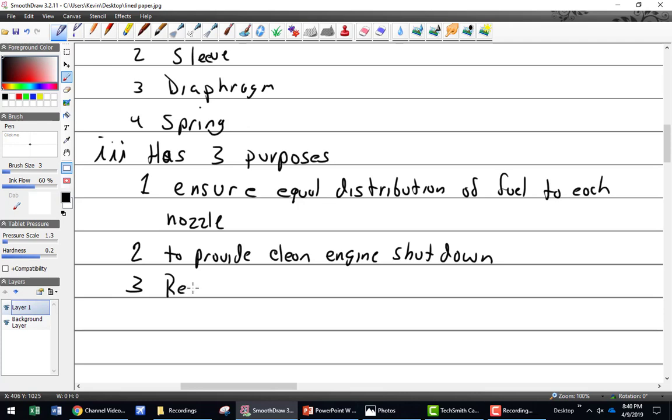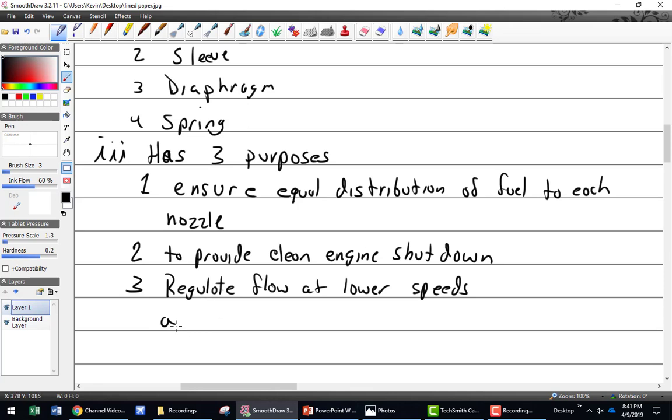And to regulate, or I should say to help regulate flow at lower speeds. Because what is the ultimate regulating force in this? What's the end regulating force? End restriction, I should say. The nozzles.